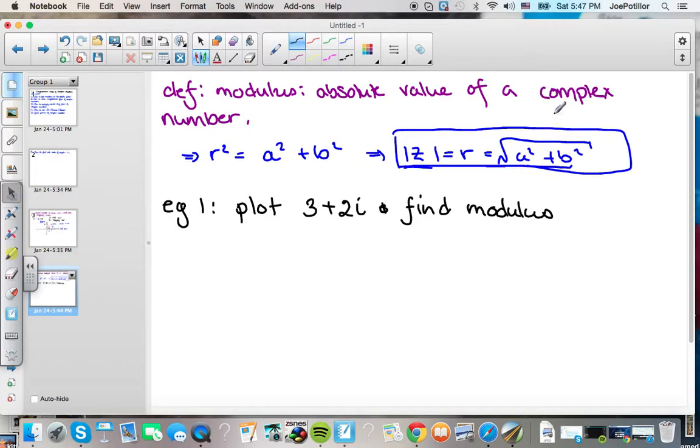So to plot 3 plus 2i on the complex plane, simply put, for part A, we create our graph.